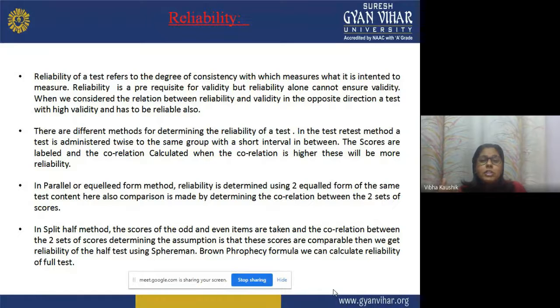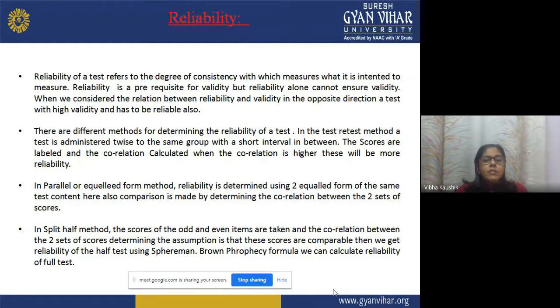That means first we have to establish reliability for a particular test. But reliability alone cannot ensure validity. Even if we have established reliability, we cannot say that it's a valid test. A test can be valid only when its validity has been checked.